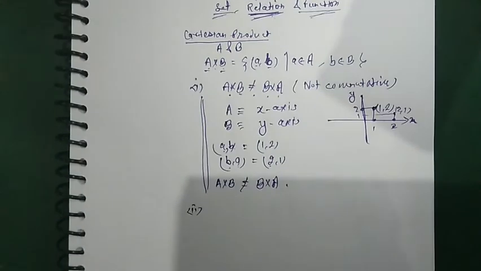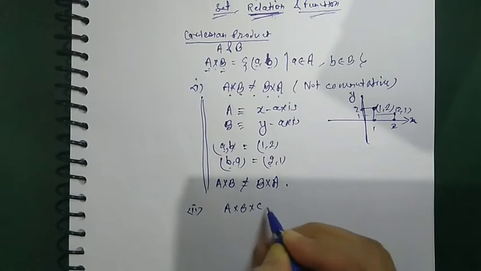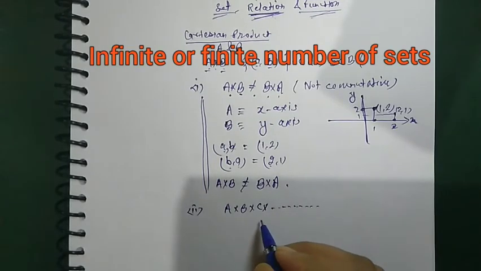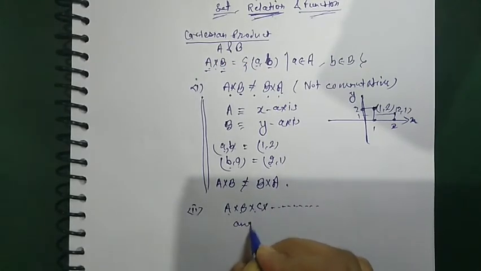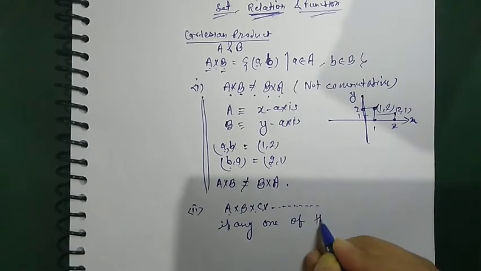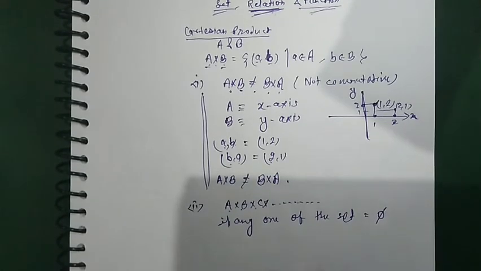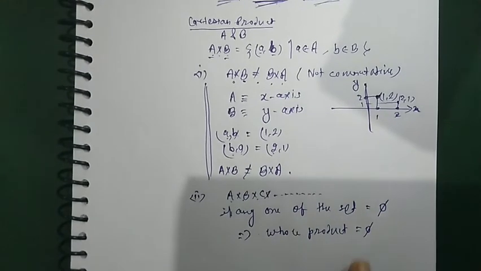The second property is that here, let there be a product of any number of sets, A cross B cross C cross dot dot dot. If any one of these sets is equal to phi, that is the empty set, then the whole product will be equal to the empty set phi.